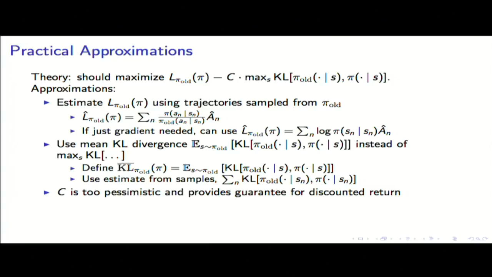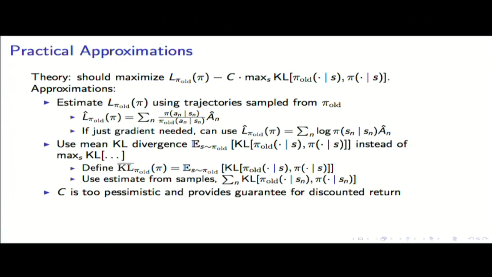Also, the theory results in a certain constant C, but this constant is too pessimistic. It ends up giving you really small steps, and it only provides a guarantee for the discounted return. It provides a guarantee that you're going to improve the discounted return, but we don't actually care about the discounted return anyway. We usually want the discount to equal 1.